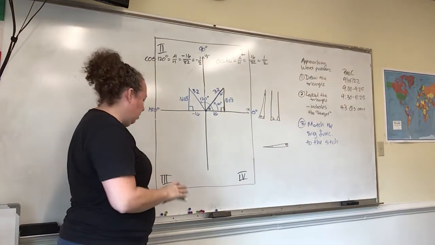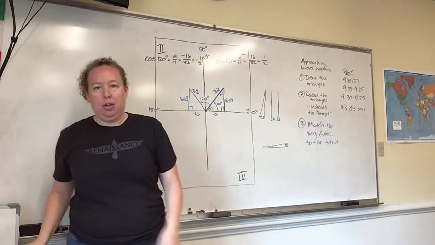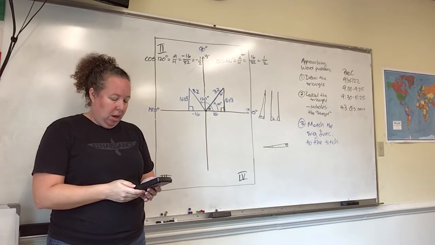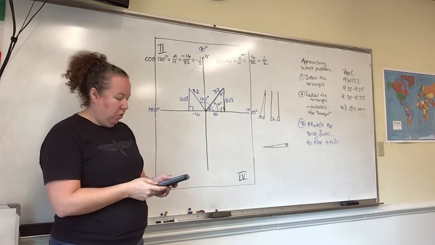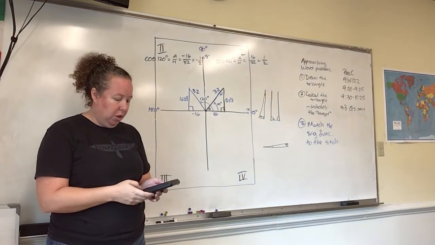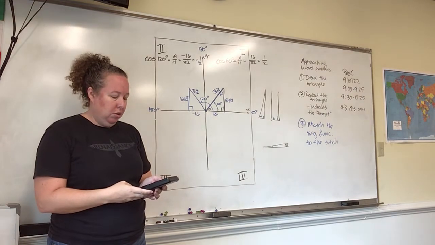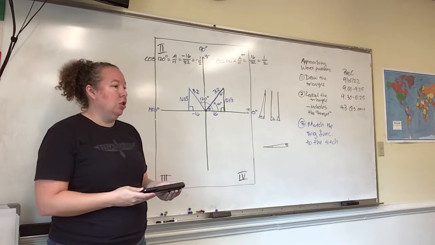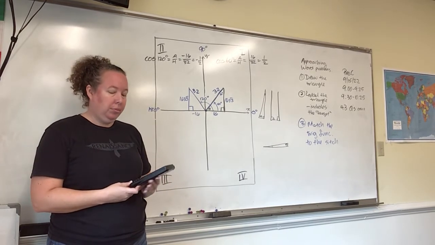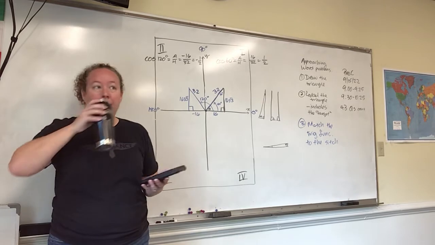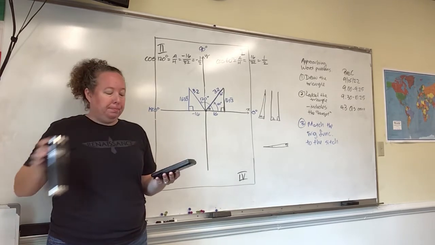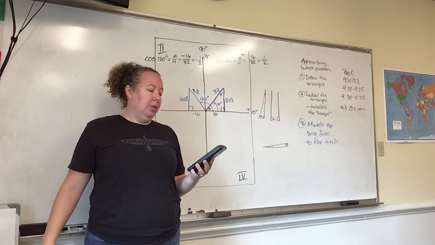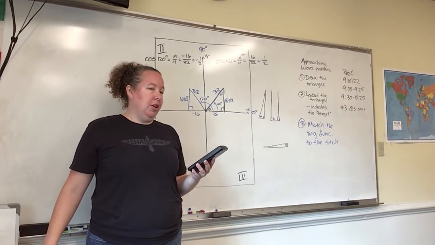So let's confirm this on our calculators. We are going to put in cosine of 120 degrees. Check to make sure that your calculator is in degree mode. What do you get when you calculate the cosine of 120 degrees?